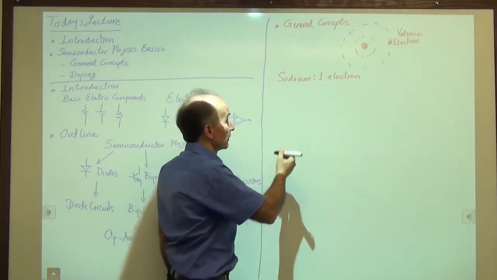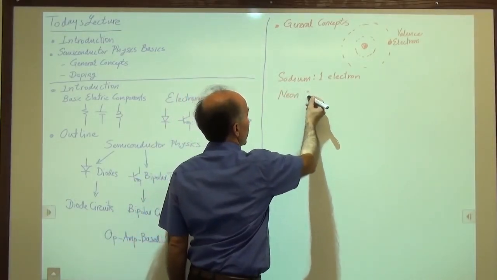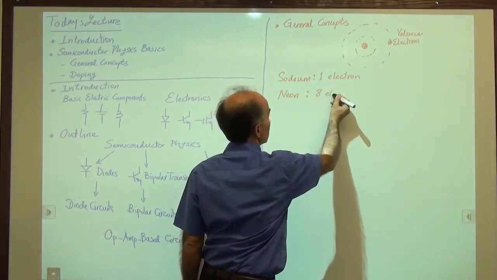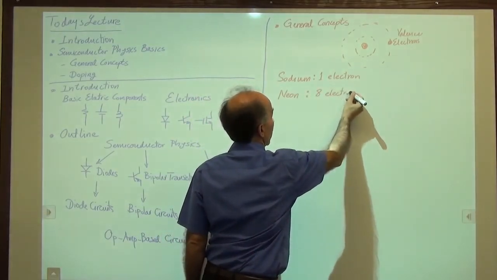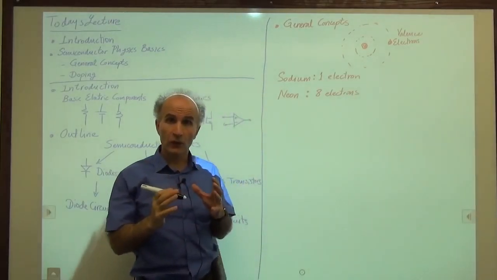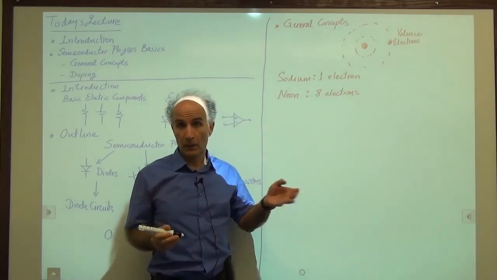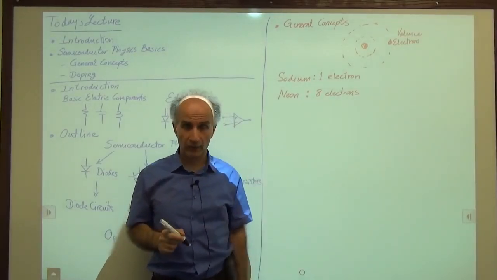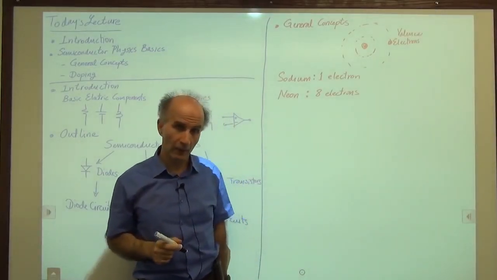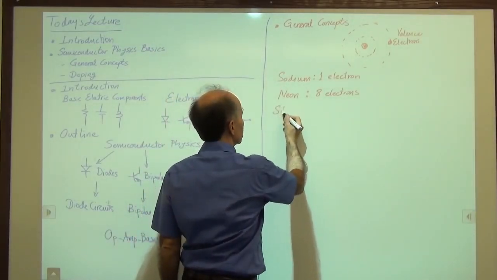Then we have, for example, neon, which has 8 electrons, and that means that its last orbital is complete. So it has no tendency to interact with anything else. We call it a noble gas, so it has no interaction. All right? And then we have, for example, silicon.